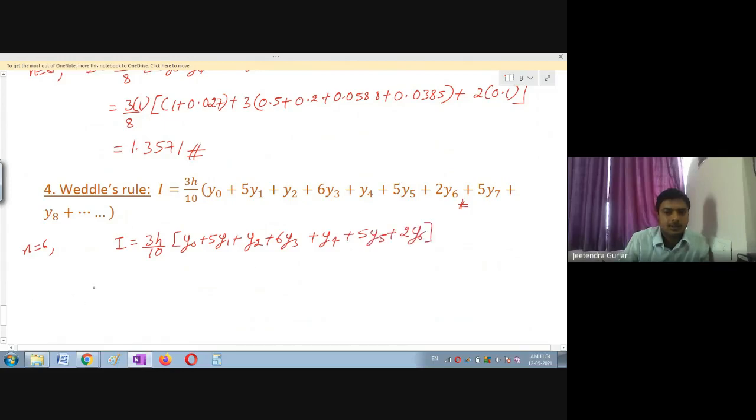students. So till here you have to substitute the values now. So I will substitute the values one by one. This is 3 bracket 1 divided by 10. Okay, y0 is 1 plus 5, y1 is 0.5 plus y2 is 0.2 plus 6, y3 is 0.1 plus 5 times y4.